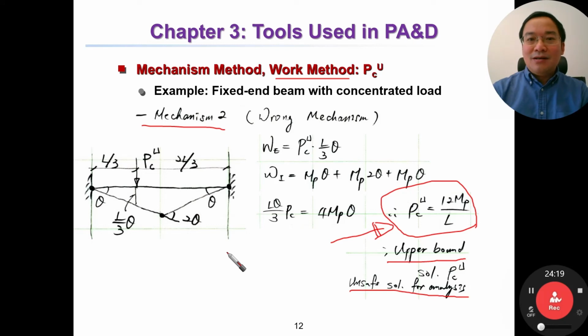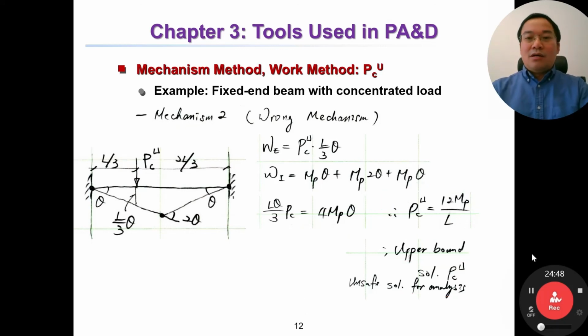That is the problem. This problem is simple, but in a very complex structure, how do you know which one is the correct mechanism and which one is the wrong mechanism? Then we have to check. We have a tool to check what is the wrong mechanism and what is the correct mechanism.